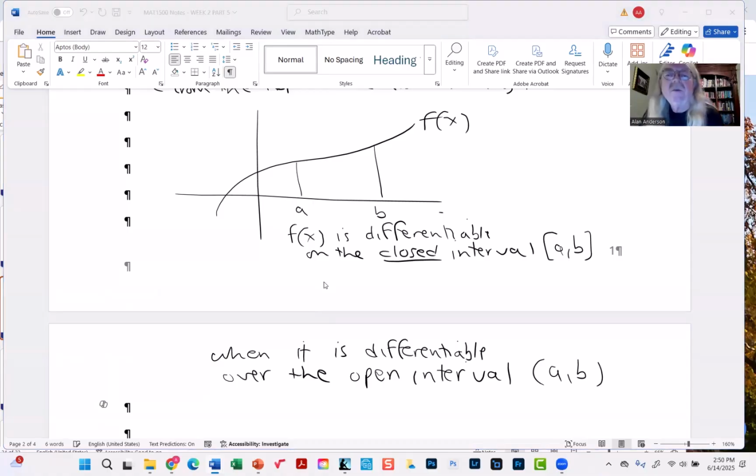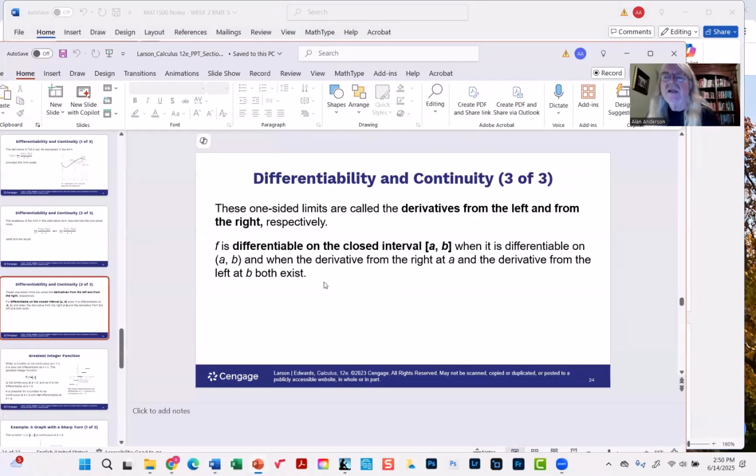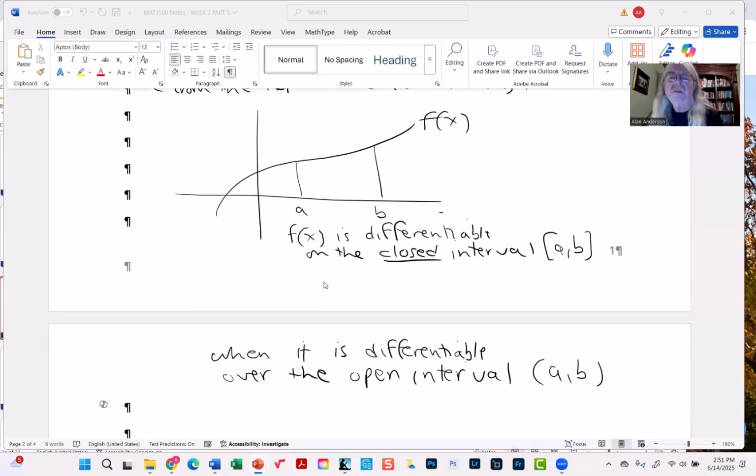But in addition to that, we need to specify what happens at the two endpoints. The derivative has to exist. That's all we need. It has to exist at both a and b. If not, well, then it's differentiable in the open interval, but not the closed interval.